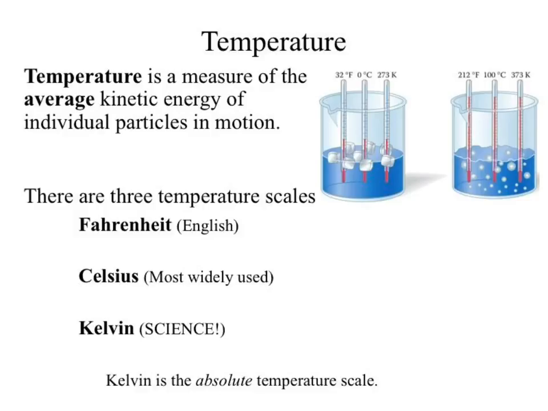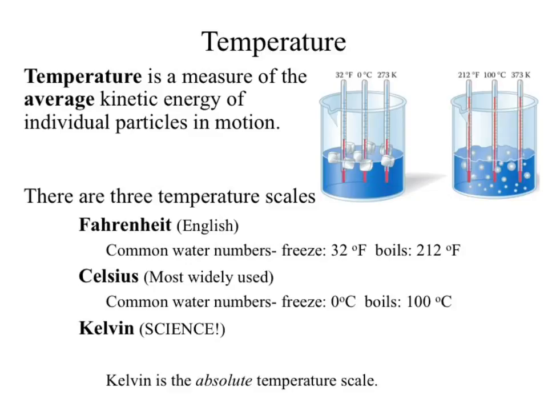How about Celsius? We're looking at 0 for our freezing point and 100 degrees Celsius for our boiling point. And then our Kelvin scale, water freezes at 273 Kelvin, and it boils at 373 Kelvin.